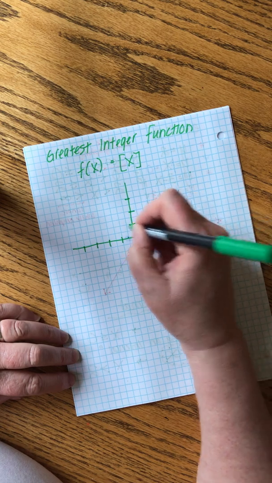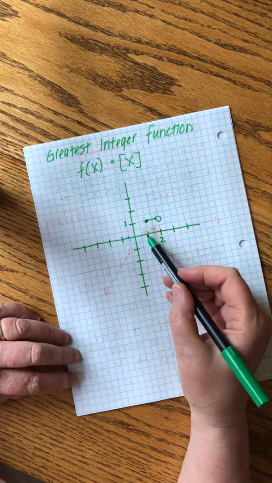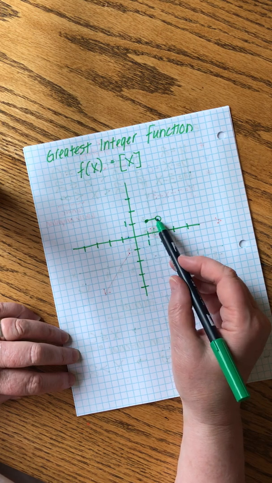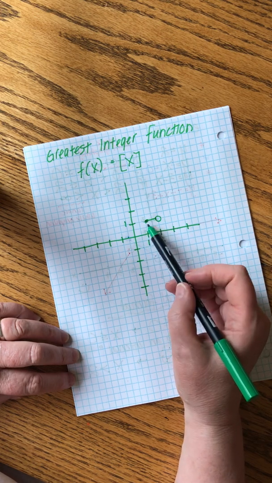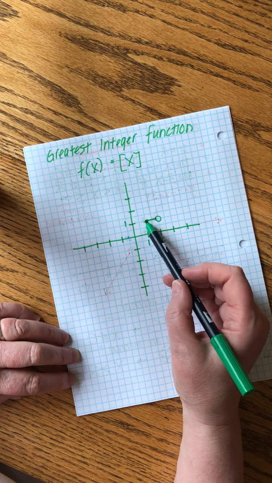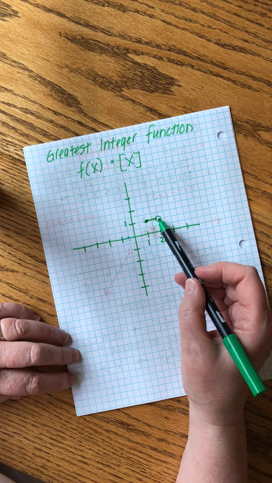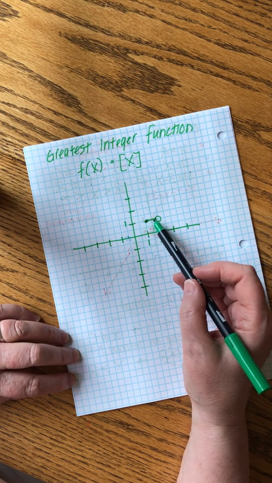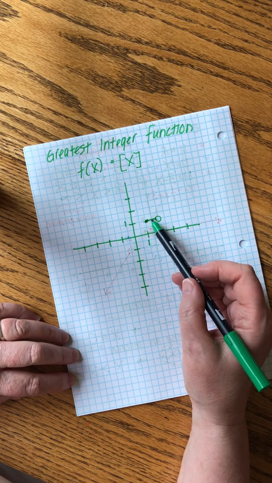I want to start here. This is 1, this is 2. This part of the picture is saying, look at all of these different numbers that fall between 1 and just less than 2. So 1.0916, 1 and 14/15, 1 and 35/37, right?